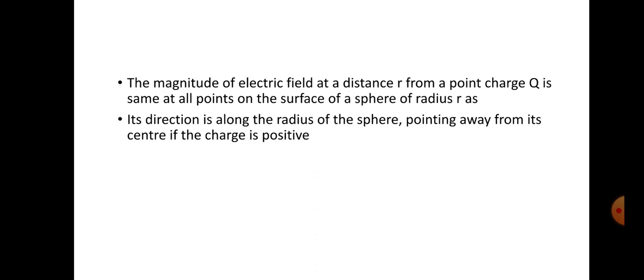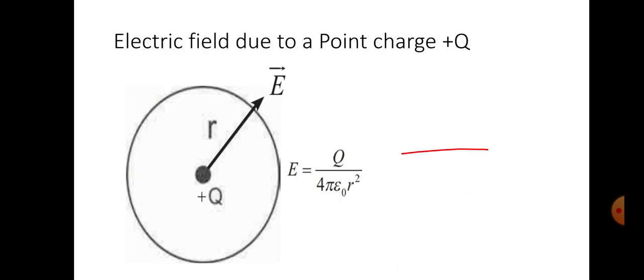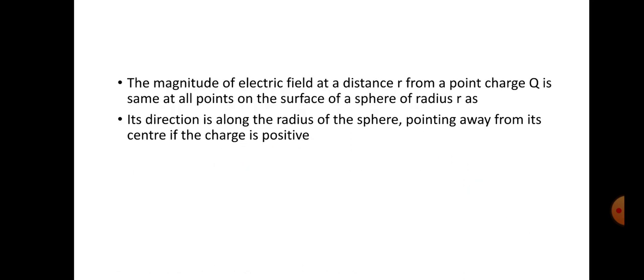So the magnitude of the electric field at a distance r from a point charge q is the same at all the points on the surface of the sphere of radius r. In the first figure which we have seen, on the circumference of the circle, wherever you place the test charge, everywhere the magnitude will remain the same.